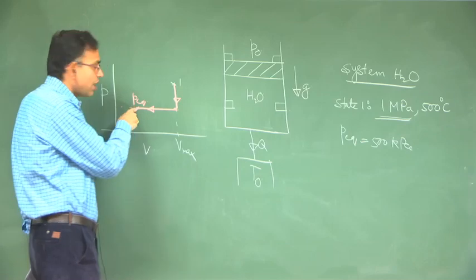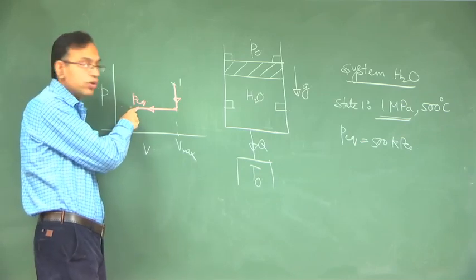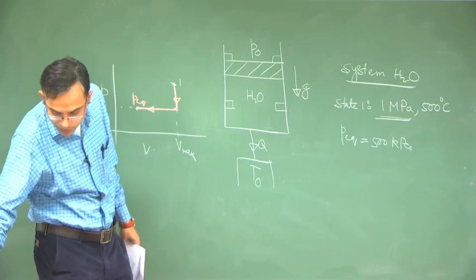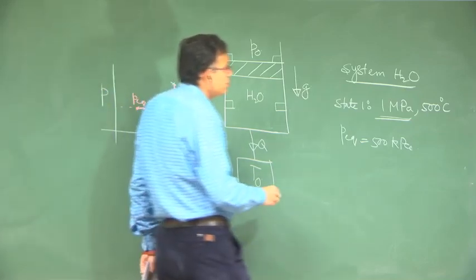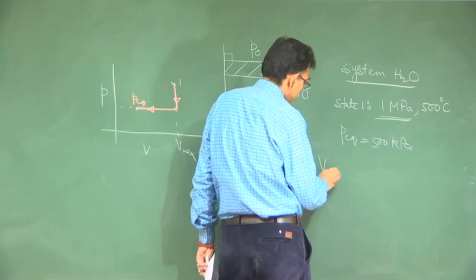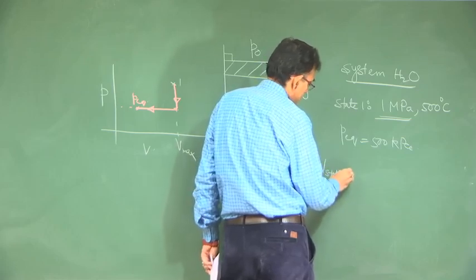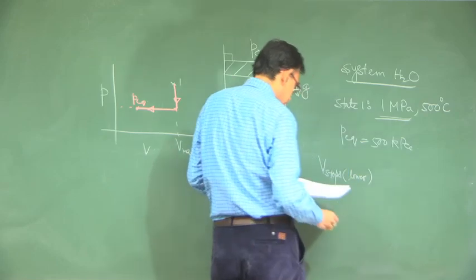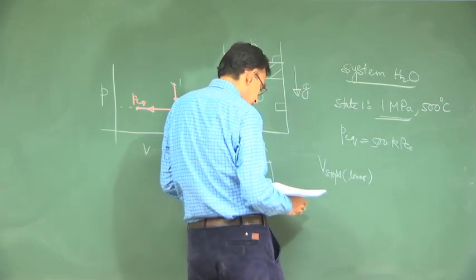Because if it hits the stops, then its volume cannot change further. So, when it reaches the stops, what is its volume? Lower. So, that volume is given.